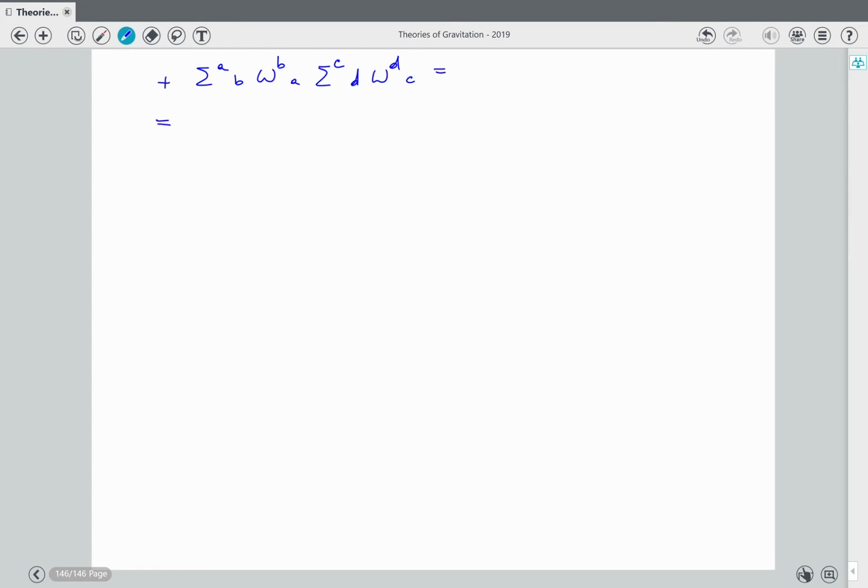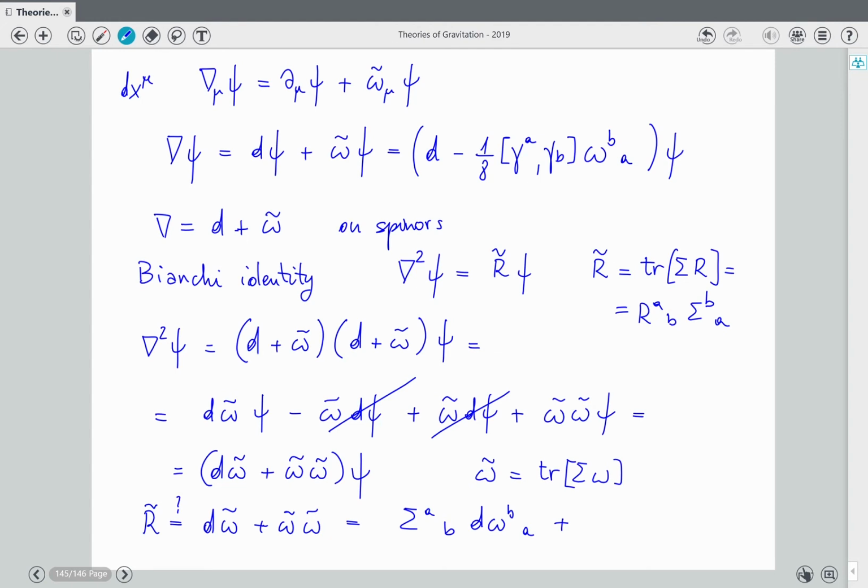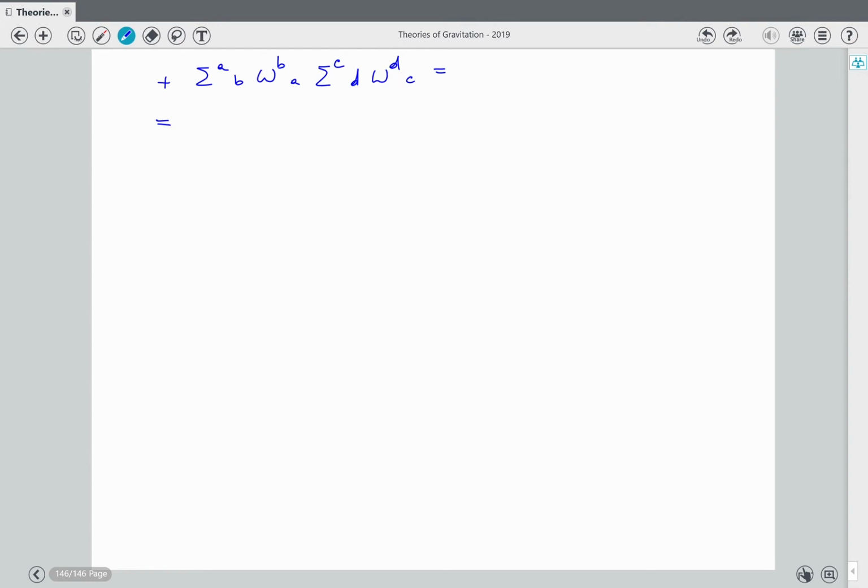So the first one is already okay, because we would like to show that R tilde should be trace of sigma R, and R is this. We would like to show something like that. This is again a game of commutators of sigma matrices. So the first one we copy.